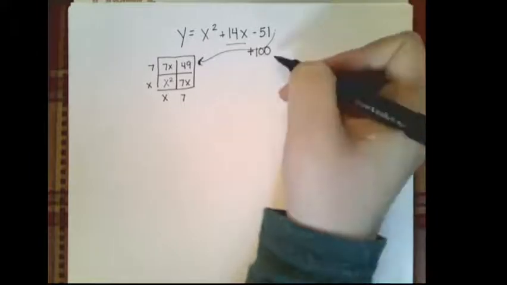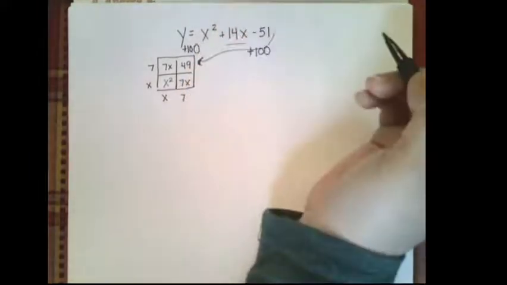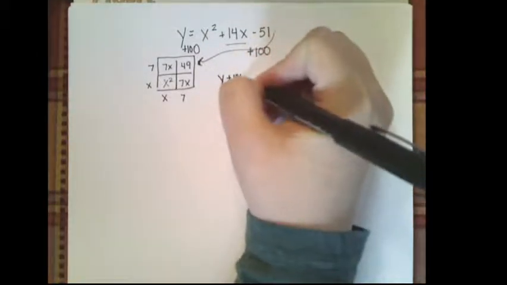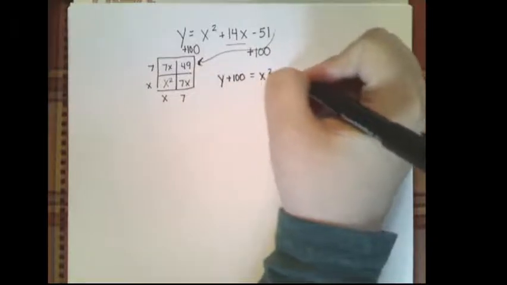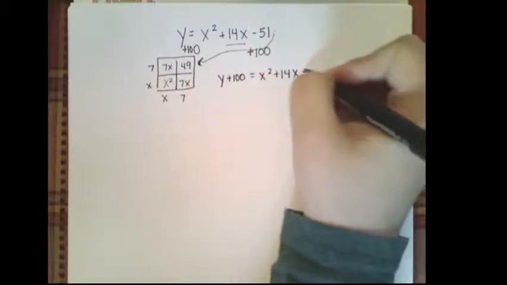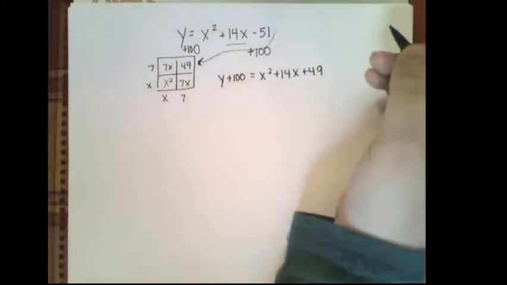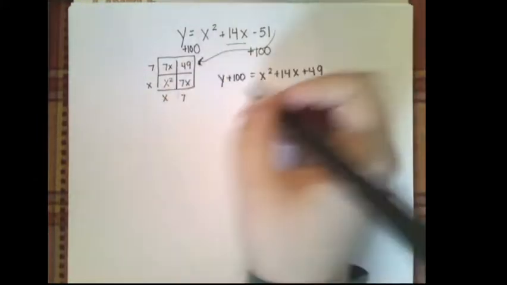And what we do to one side, we need to do to the other side. So we have y plus 100 equals x squared plus 14x plus 49. And now that we have our new sum, we can replace that sum with our product.